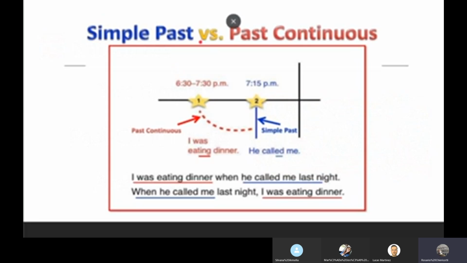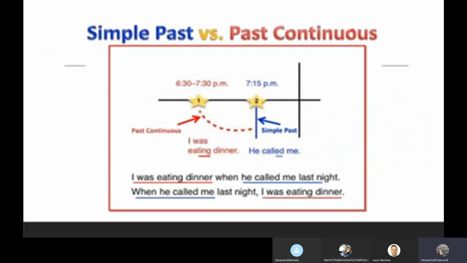This is a little bit of grammar. Simple past versus past continuous. You know how to use simple past, right? Simple past is for actions that happened in the past, and they regularly have a specific time in the past. You can identify the specific time when they happen.